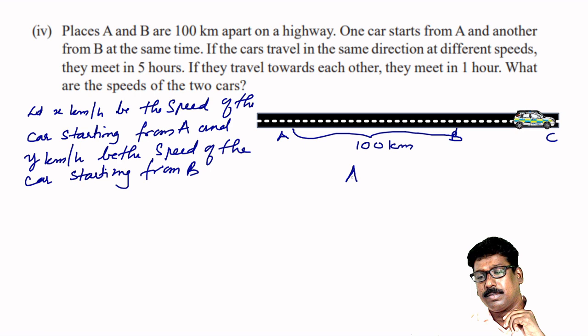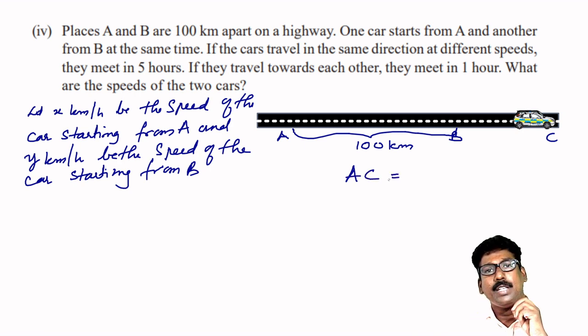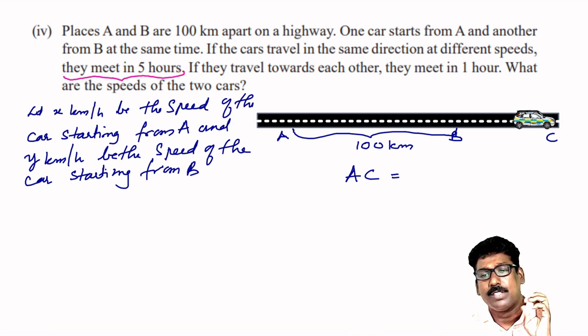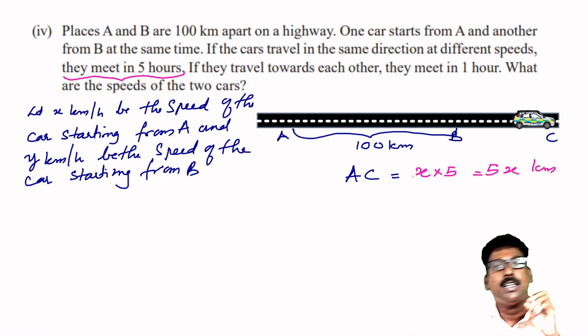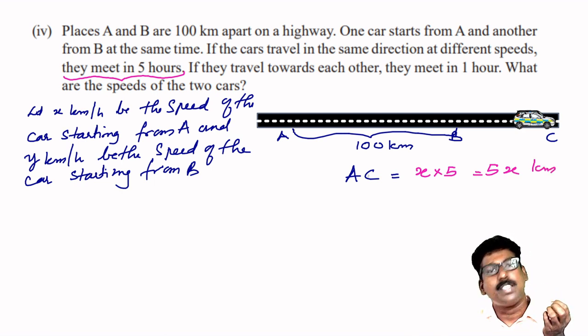AC means the distance covered by the car from A to C. It is given that if the cars move in the same direction, they meet in 5 hours. That means time is 5 hours, speed is x kilometer per hour. So the distance covered by the car starting from A you can write as x into 5, that is 5x kilometer.